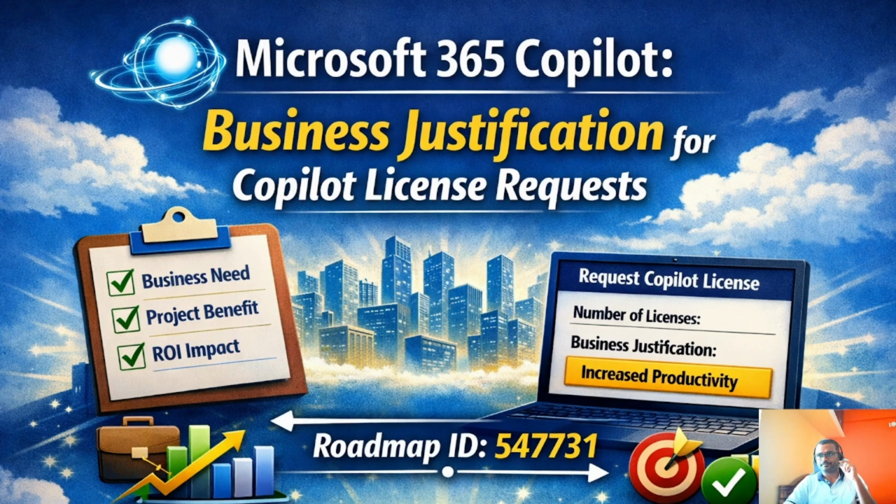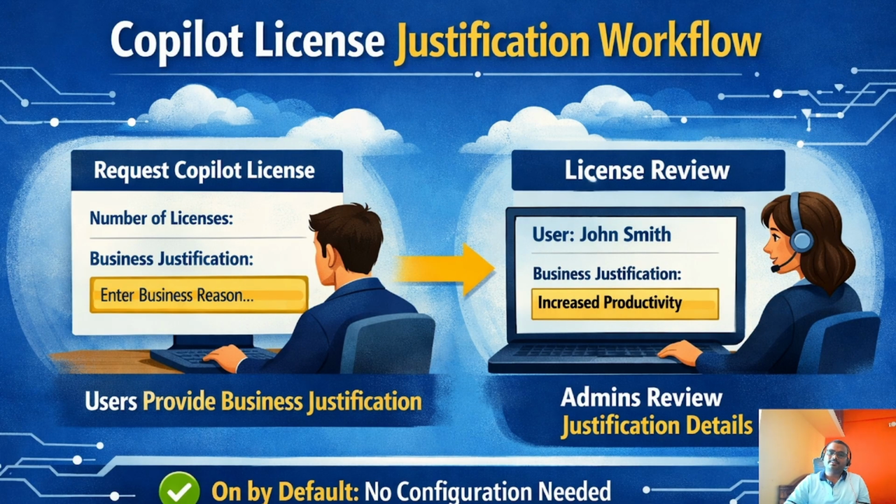So this one, the requirement is the business need, and yeah. Firstly, this is still in the roadmap, and it's not in GA at the moment. It's message ID 547731 which I'm referring to. What happens is when they request the license from the admin portal, this is the Copilot license justification workflow.